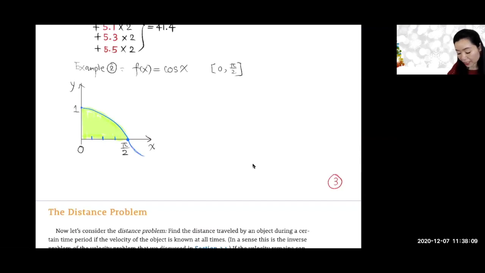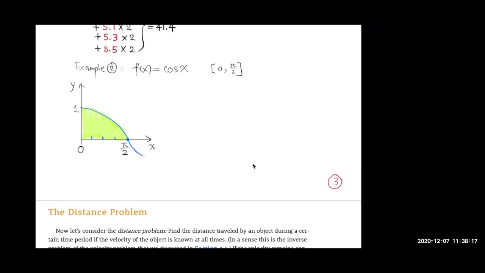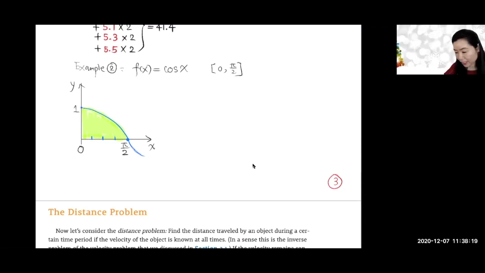What's delta x? Can someone tell me what delta x is? Pi over 8. Yes, pi over 8. The width of this interval is pi over 2, and we divide that into 4 subintervals, so delta x will be equal to pi over 8.